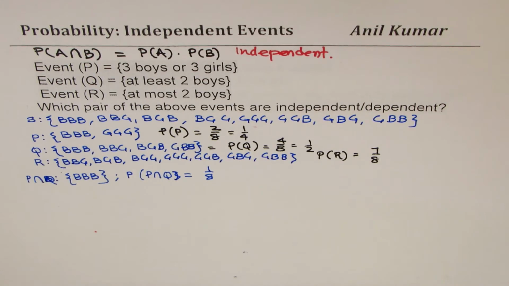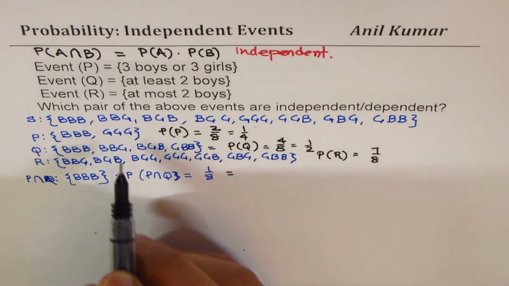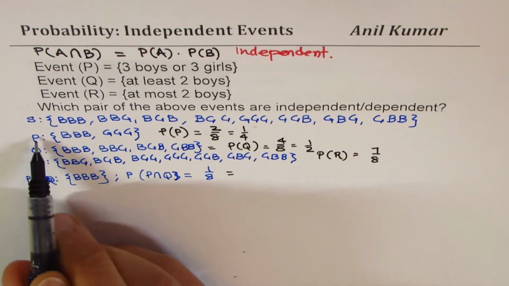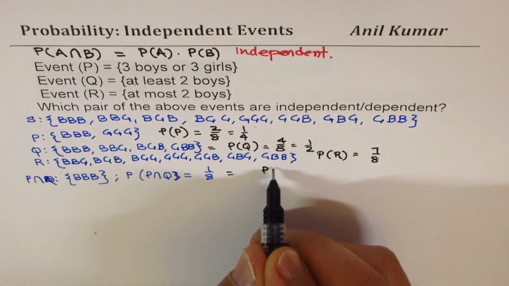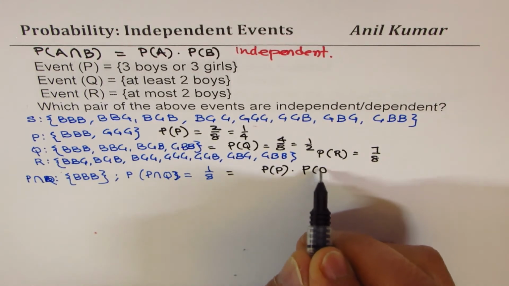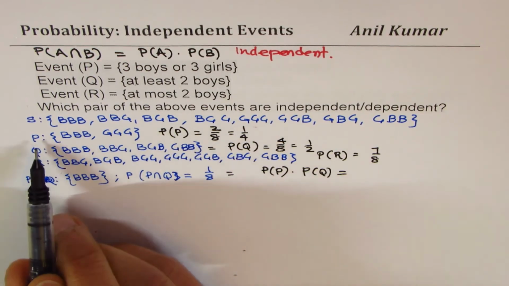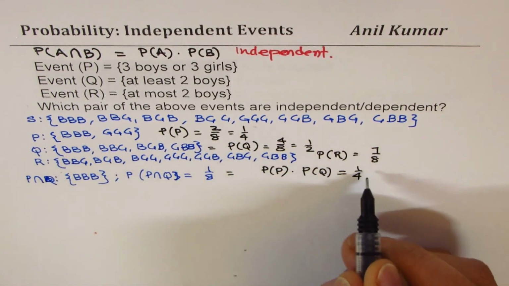You will notice that this intersection is actually, let's check, is it same as the probability of P times the probability of Q? Let's check. So the probability of P times the probability of Q is what? The probability of P is 1 over 4 and the probability of Q is half.